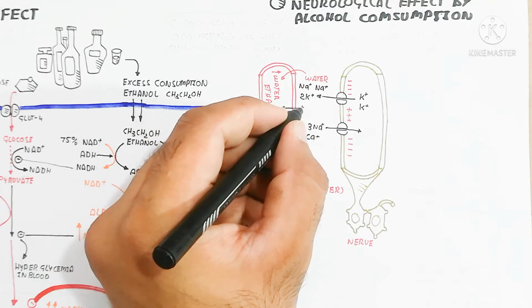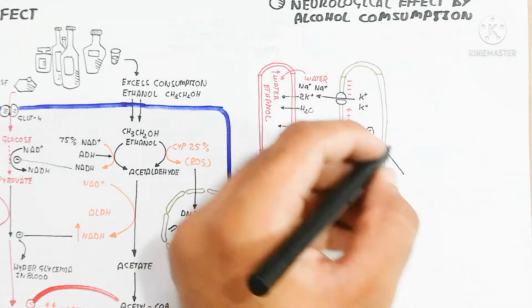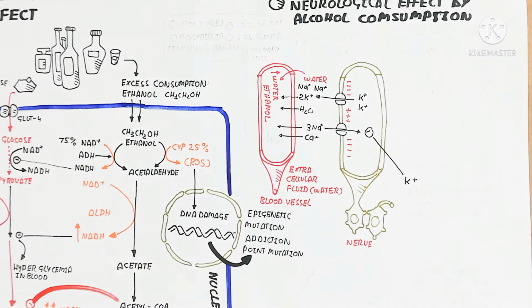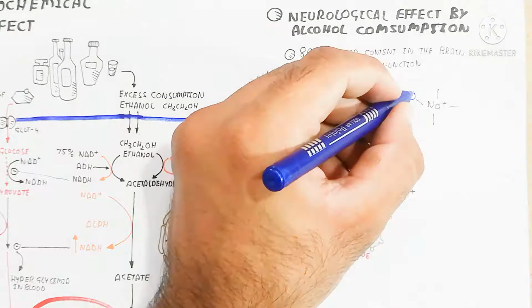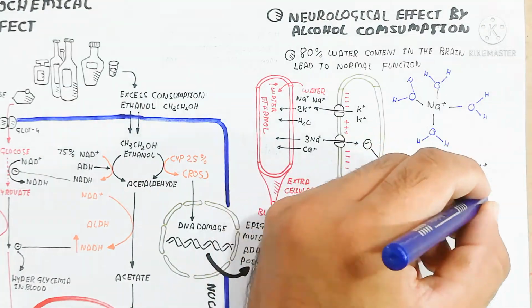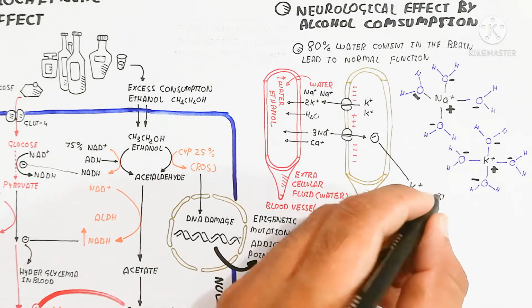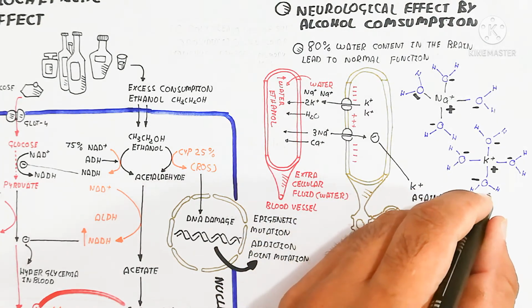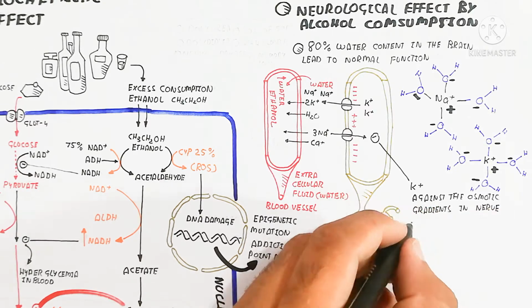Why? Because of dehydration. Water is present in the blood circulatory system due to the excess ethanol consumption. So ethanol will dehydrate the water from the nervous tissue, and the sodium and potassium, because of the attraction of negative and positive charges to the water molecule, will also move into the blood.